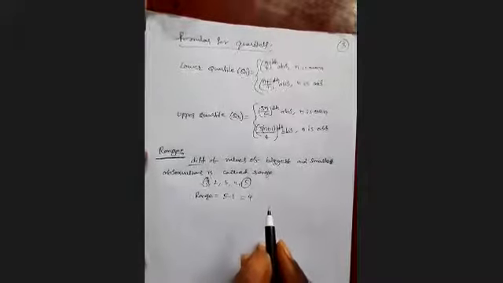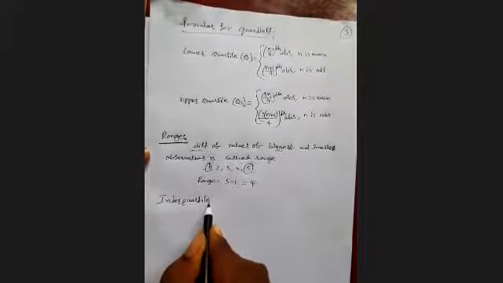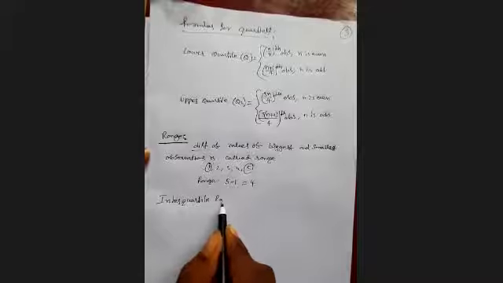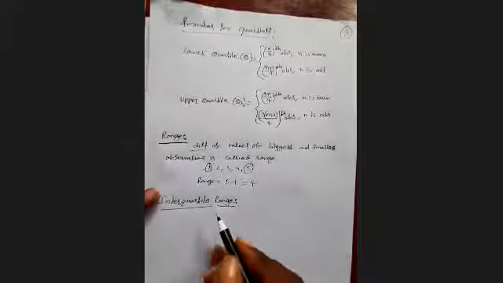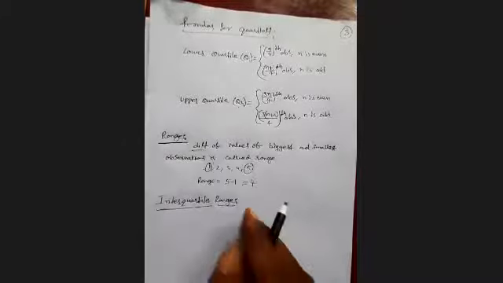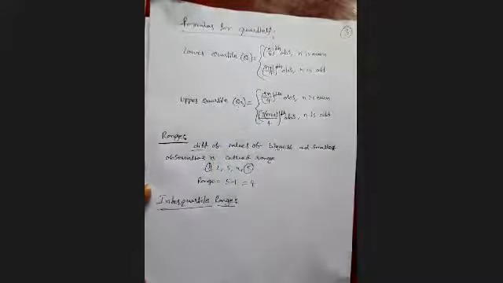Now interquartile range. I think you understood about this also. We have to find a quartile range. We know the smallest quartile is the lower quartile, Q1. The biggest quartile is the upper quartile, Q3. Then the difference of these two is nothing but the interquartile range.